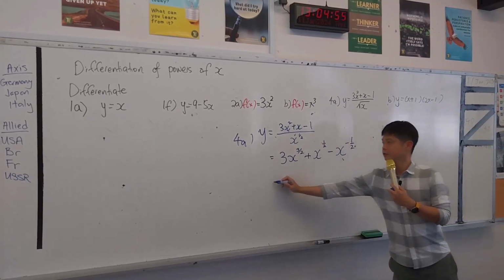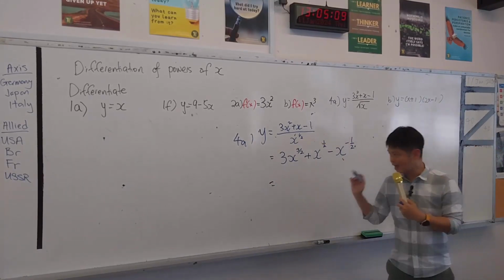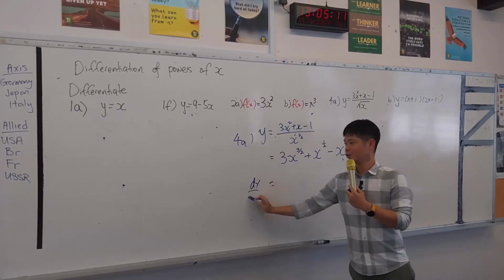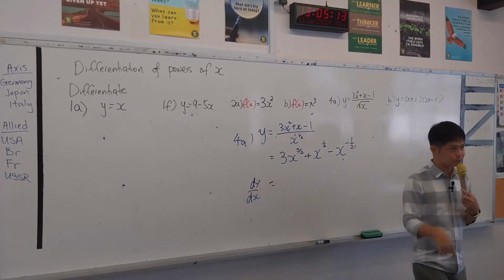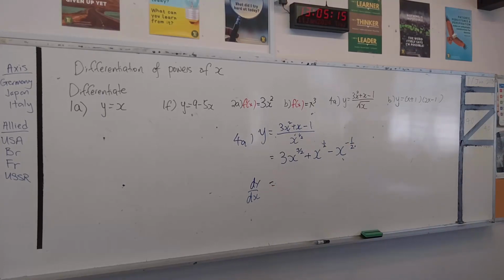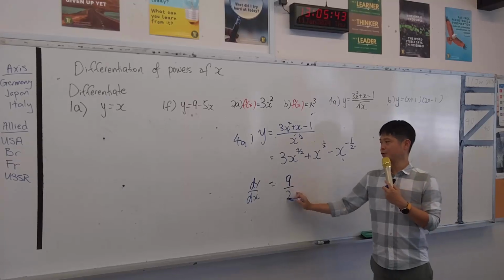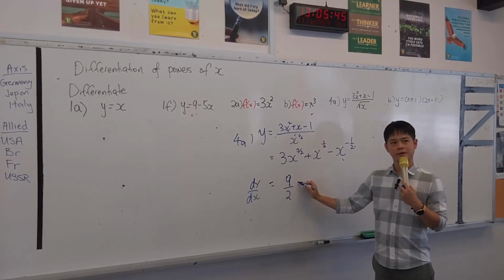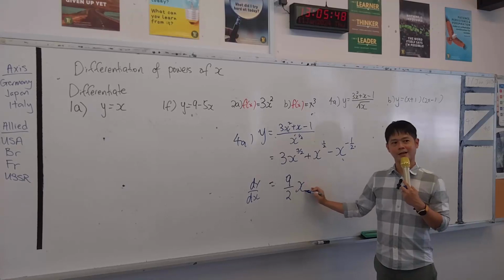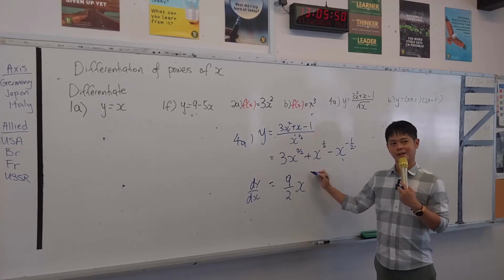Okay, let's differentiate now. So now you put dy/dx. Don't anyhow put it as and when you like. Let's do a rundown quickly. Leia. Yes, 9 over 2, half.